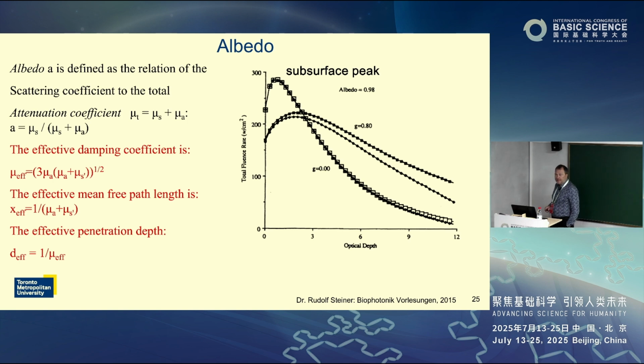Why is it important? Because the effective mean free path provides us with effective penetration depth, meaning that we can provide visibility of a certain object in the scattering media up to these depths. After that, the contrast, or more exactly, the signal to noise ratio deteriorates, and we cannot obtain a registerable signal to collect the data.